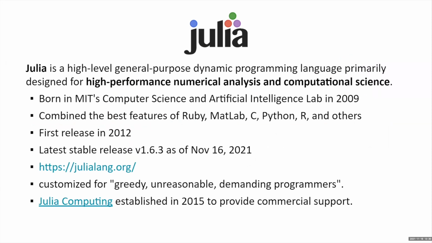Since Julia was created later, they could learn a lot from other successful languages like High Performance Fortran, C++, Objective-C, and other languages created way before Julia. They released the first version of Julia in 2012.